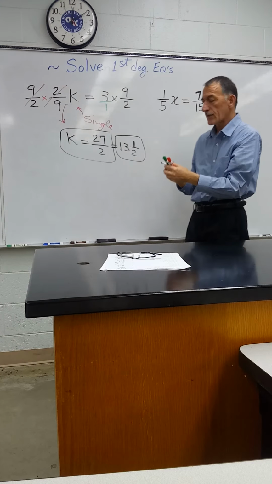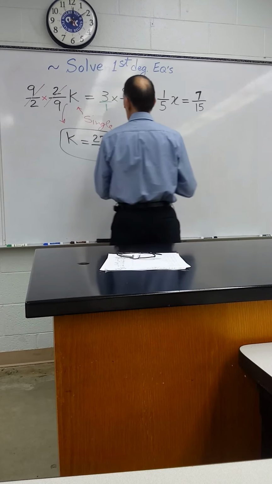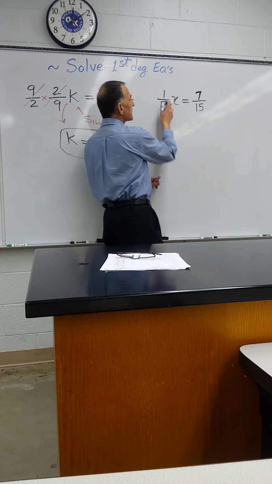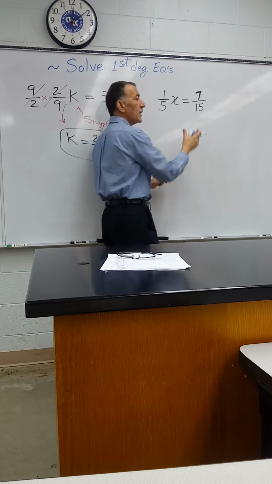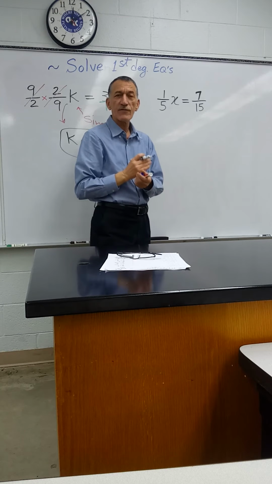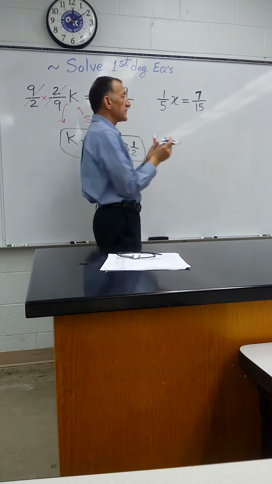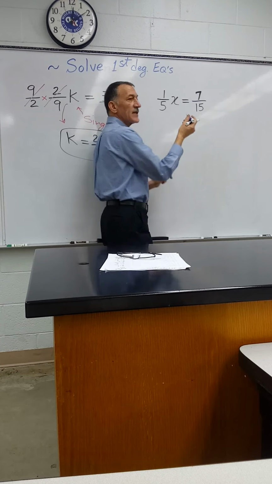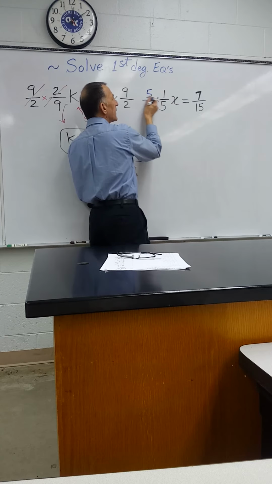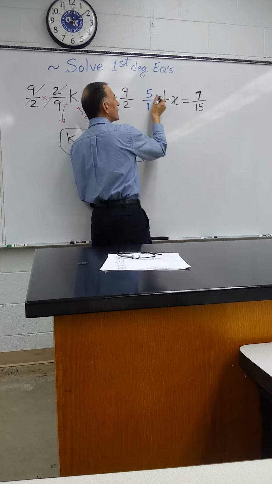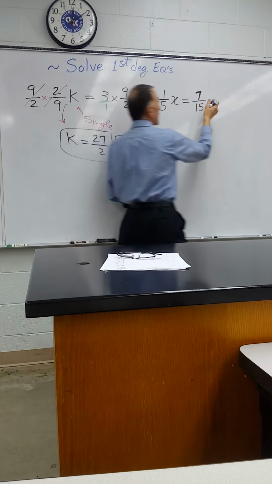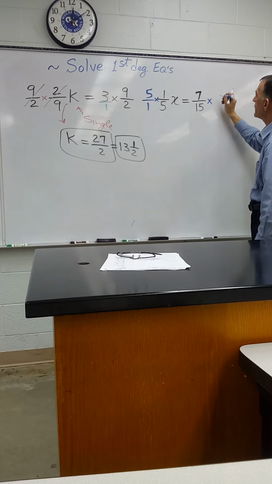Single term. I can do the shortcut. It's very easy. Because this is a fraction, a single term, with no extra term, all you have to do is multiply by the reciprocal of the fraction attached to x. That number is its coefficient, 1/5, multiplied by 5/1. If you multiply this side by 5/1, the reciprocal, you multiply the other side by 5/1.